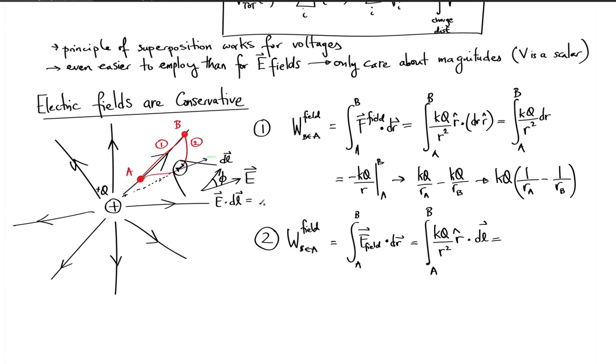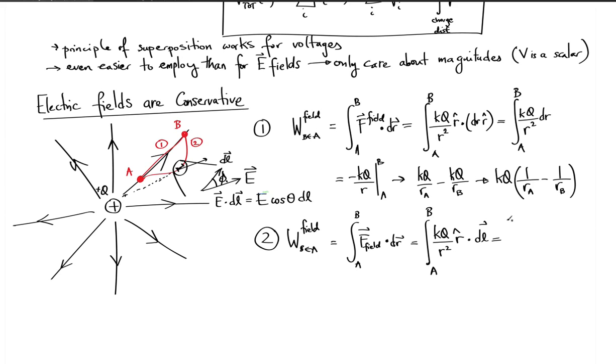Well, that's just going to be E, the magnitude, times cosine theta, times dl, right? Because if we're taking the projection of E onto dl, we're just taking the cosine of this angle.